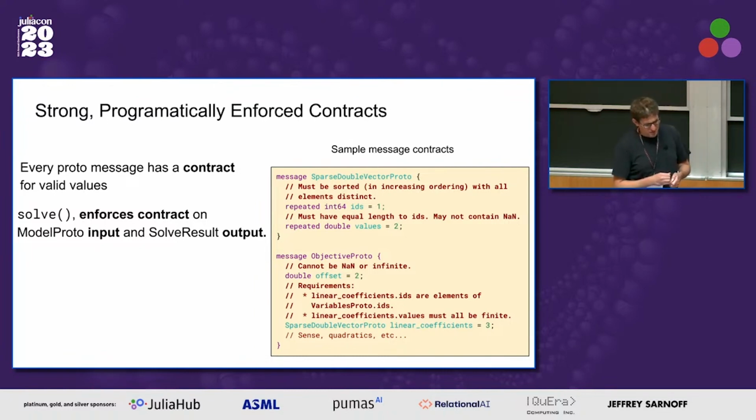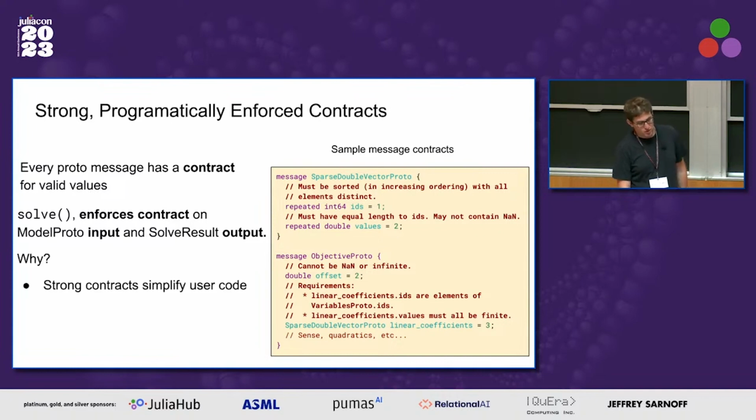We check the input model, and we check the output solve result to make sure that everything is okay. This is good because it means that we can actually have a contract. If you have worked with the solvers, you'll see they have a giant API, and there are no guarantees as to when any field is going to be populated. You just have to check to see if it's there. So this is something that we're trying to be more precise on.